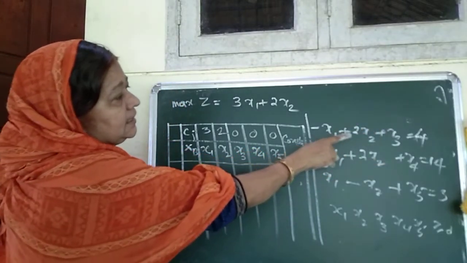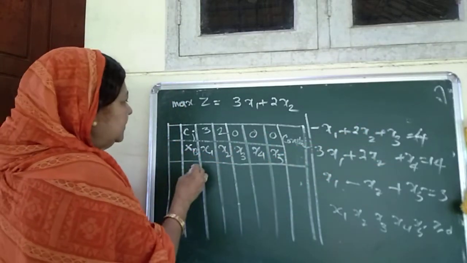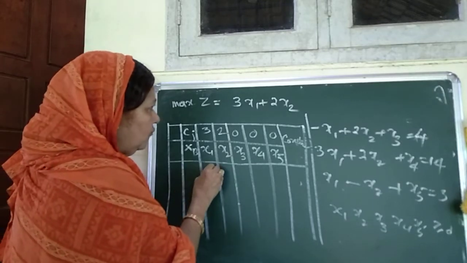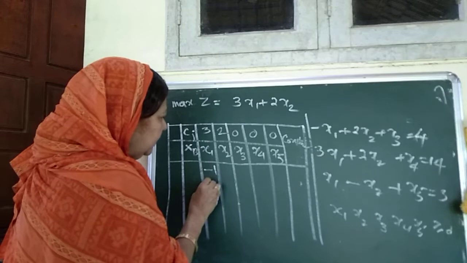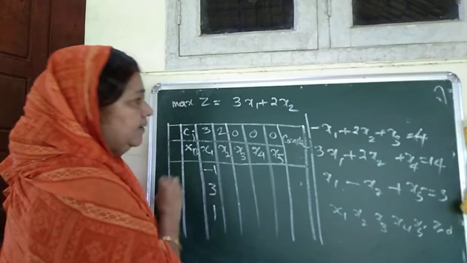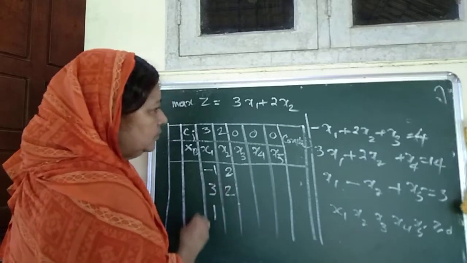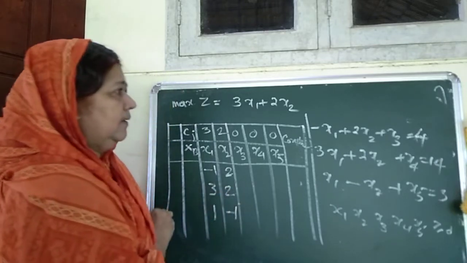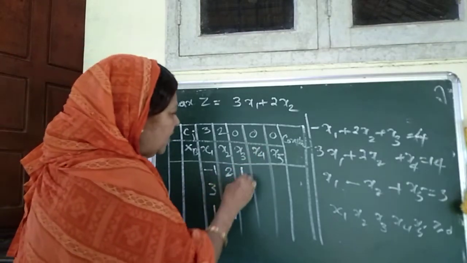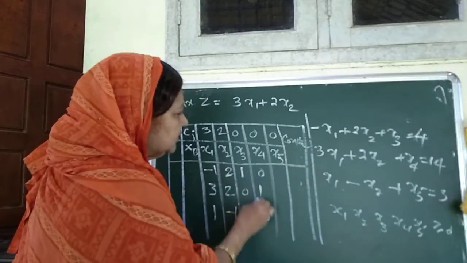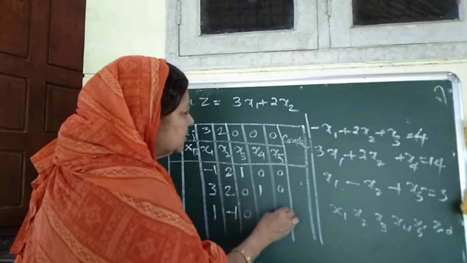So in the identity matrix, we have x3. For x1 the column is -1, 3 and 1. Here 2, 2, minus 1. Then for x3 it is 1 0 0. For x4 it is 0 1 0. For x5 it is 0 0 1.